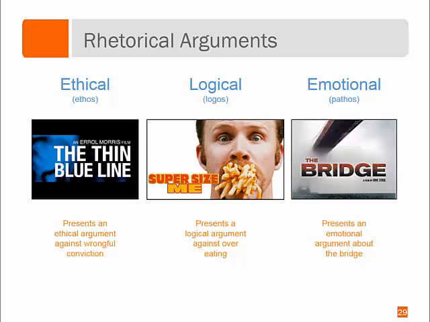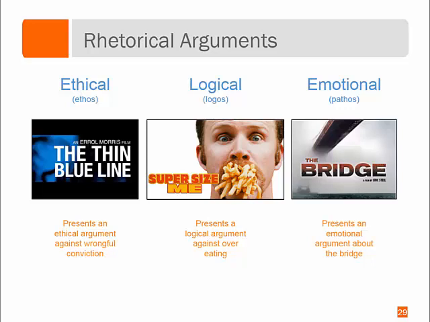So this particular documentary, The Bridge, is presenting that sort of emotional rhetorical argument that is, from a human perspective, pressing on our emotions to provide an alternate argument about the bridge as something other than this beautiful piece of architecture.